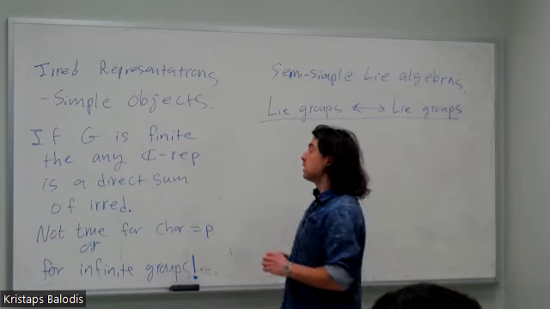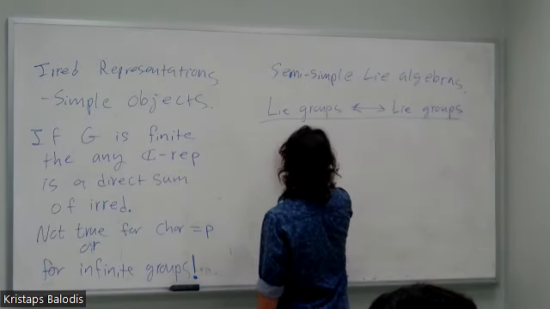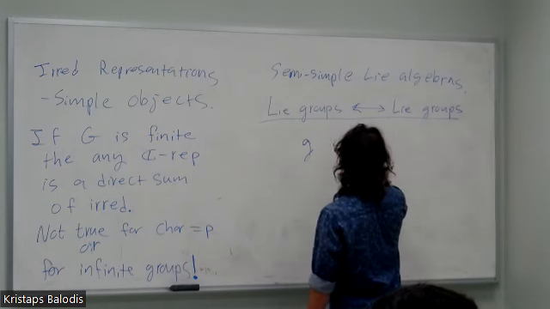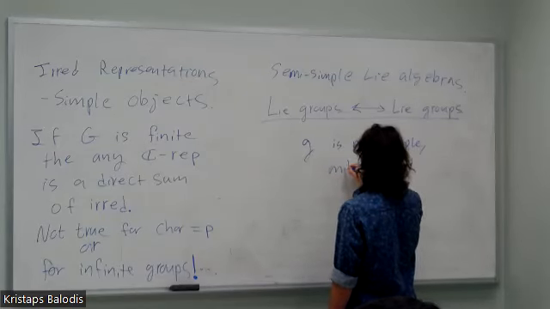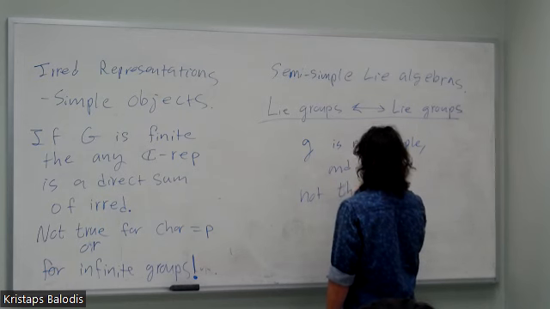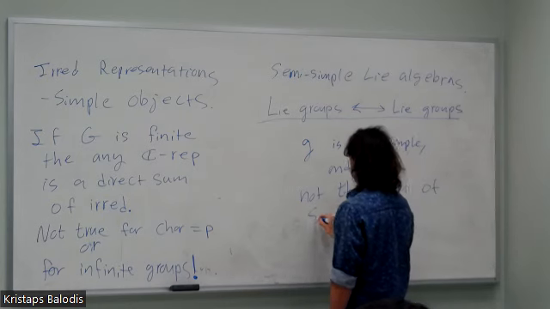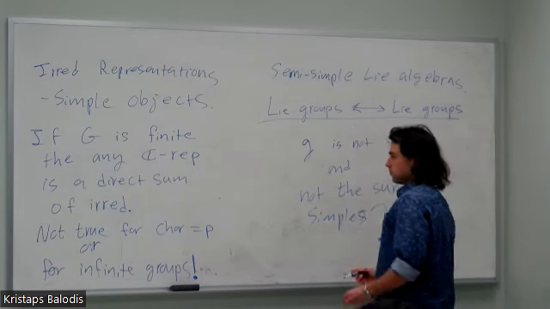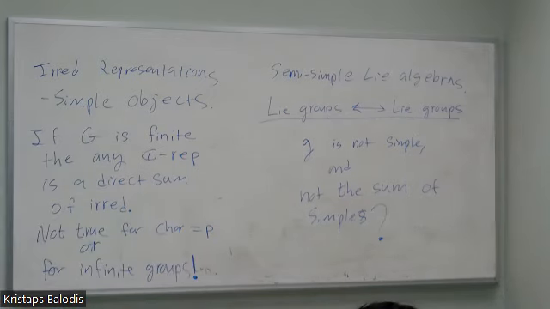Or better yet, can you find an example where you have a Lie algebra G, which itself is not simple, and not the direct sum of simples? I mean, the fact that I'm asking you this question is kind of an answer unto itself.